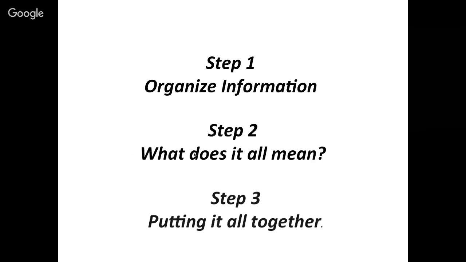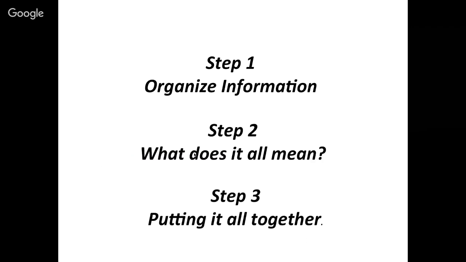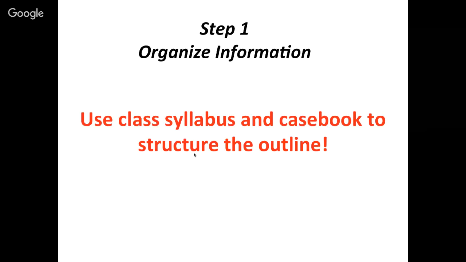And third, after organizing the information, we're going to put meanings to words within that organization, and then put it all together into an overall outline. Hopefully, this will be a nice, easy place where you can have all the source material in one place, and it can trigger your memory. So when you are doing the exam, you have all the information in one place.